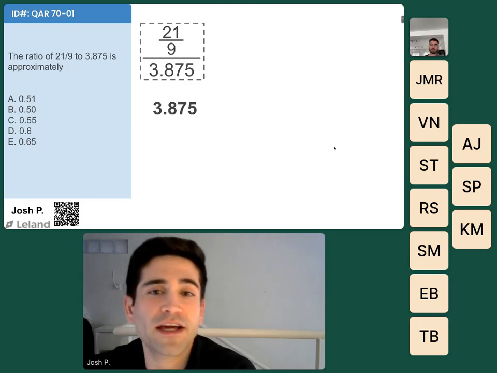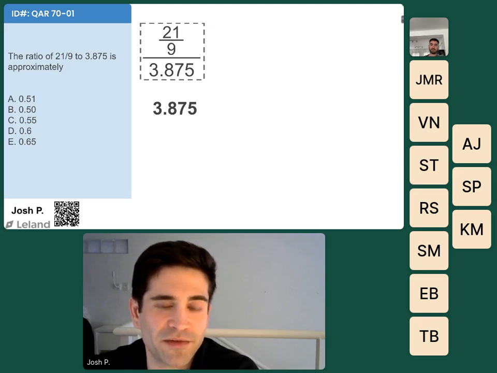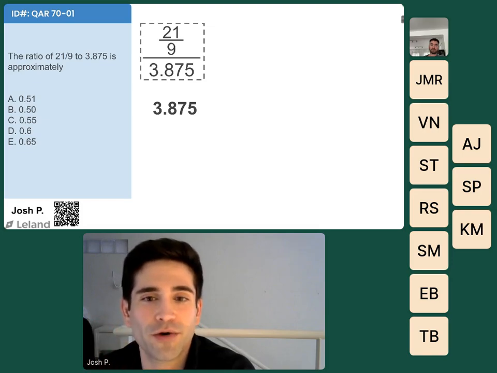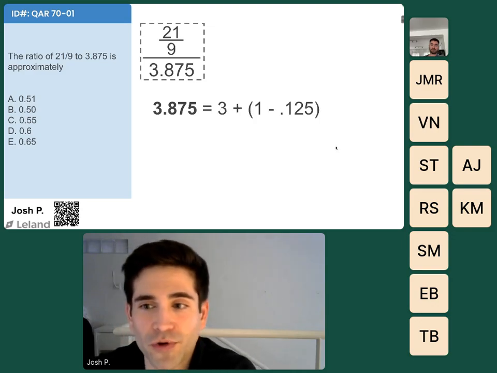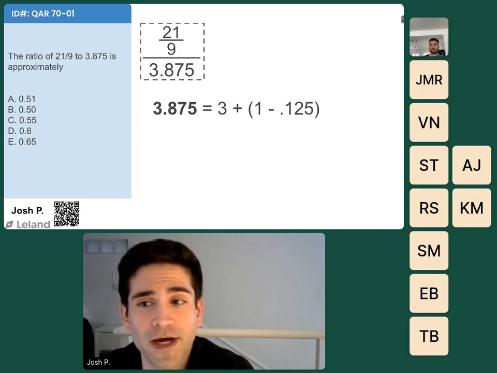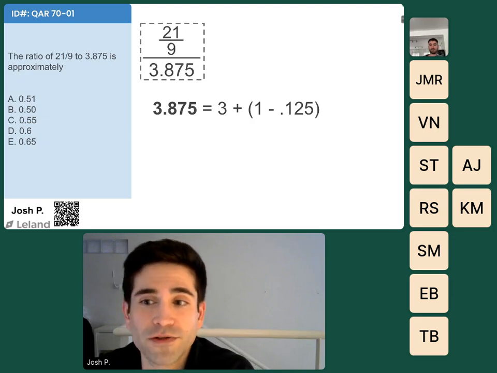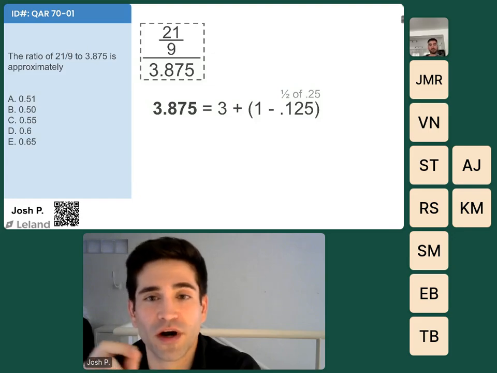Now, we don't have a calculator for the quantitative reasoning portion of the GMAT, so we have to be extremely efficient and think of an intelligent way to approach this number. Essentially, 3.75 is equal to 3 plus 1 minus 0.125. 0.125 is 1/2 of 0.25. When we're dealing with decimals on the QR section, it's easier to work with fractions.